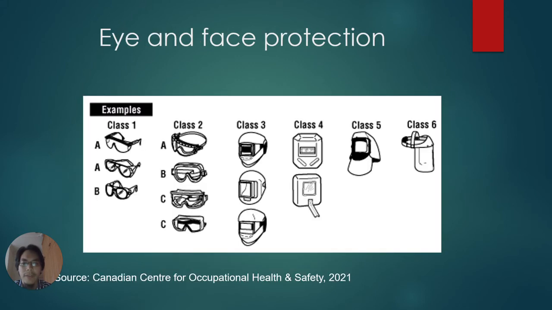For eye and face protection, this diagram shows a few examples categorized into different classes. Selection of the suitable eye and face protection will depend on the work being done at the site.